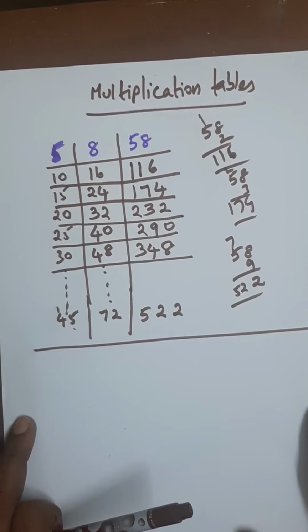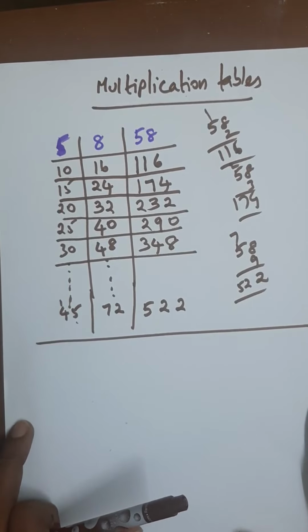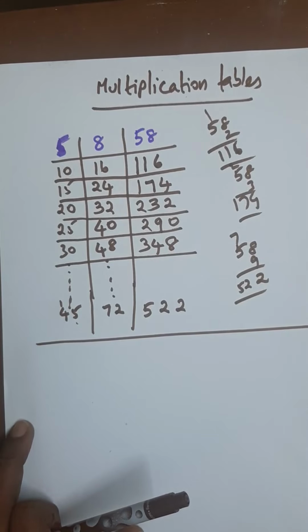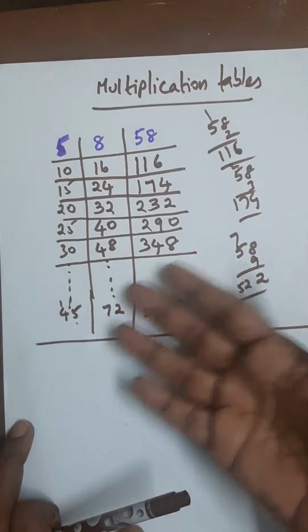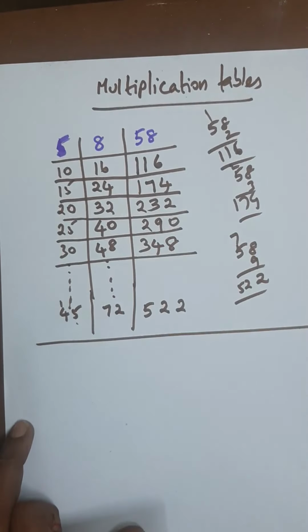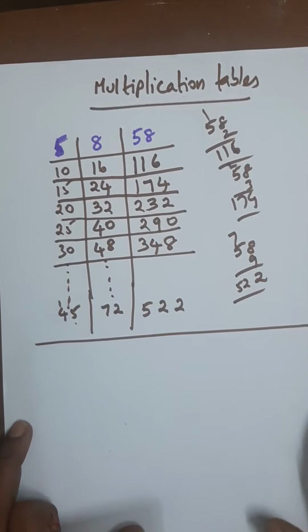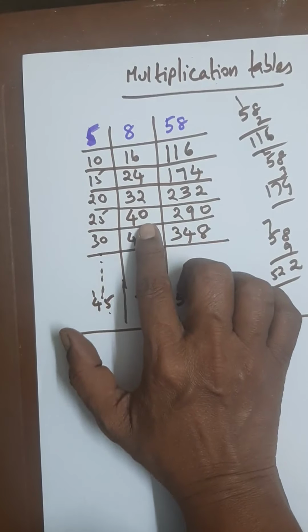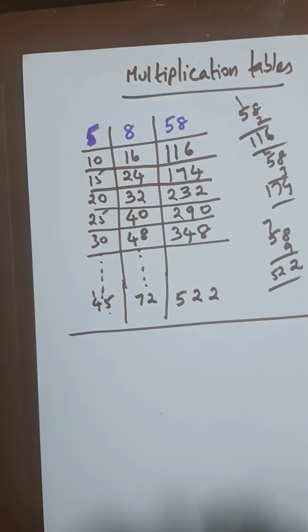Visualization is important to improve our creativity. Besides seeing everything physically and reading books, mentally also we should learn to visualize. If you visualize the 5 and 8 tables, quickly we can say the 58 table.